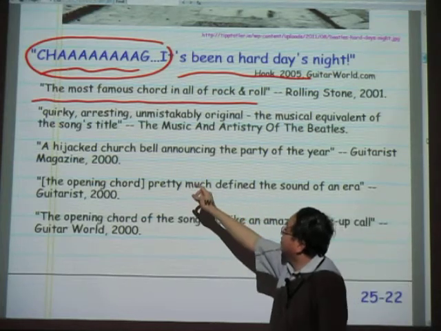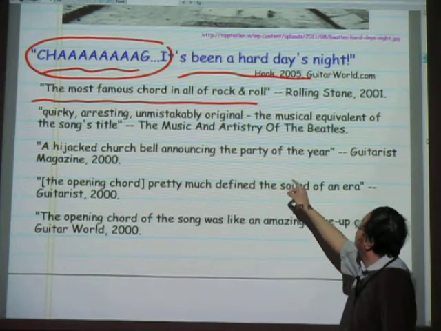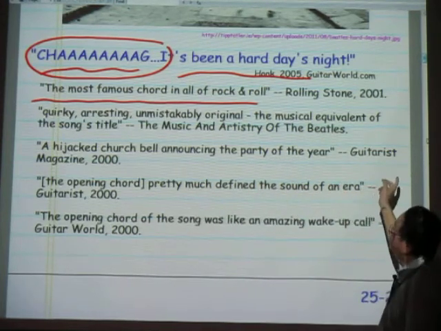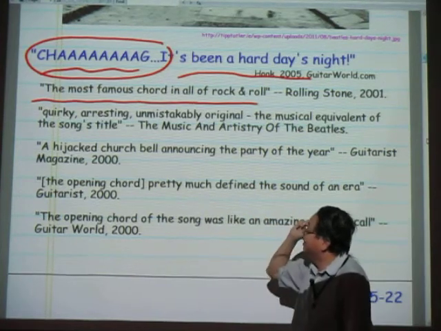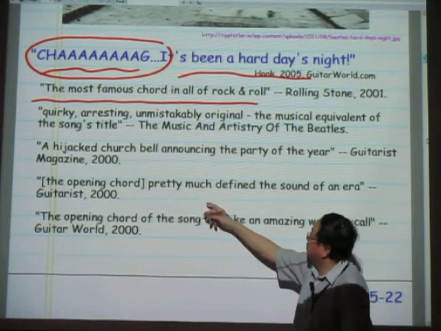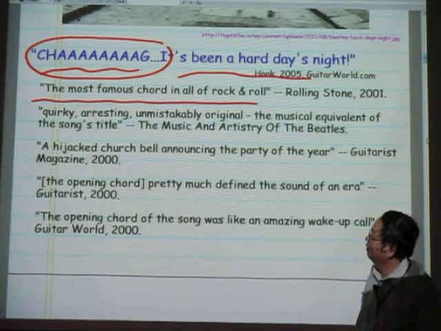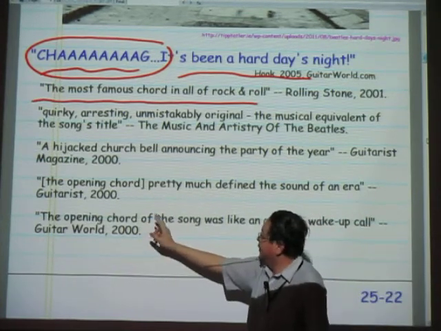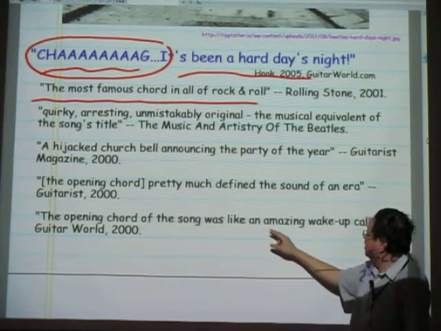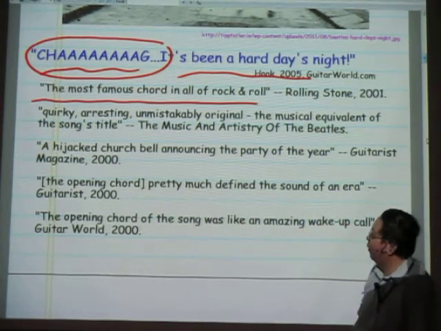A hijacked church bell announcing the party of the year. Guitarist magazine, 2000. The opening chord pretty much defined the sound of an era, rock and roll, that is. Guitarist 2000. The opening chord of the song was like an amazing wake-up call.